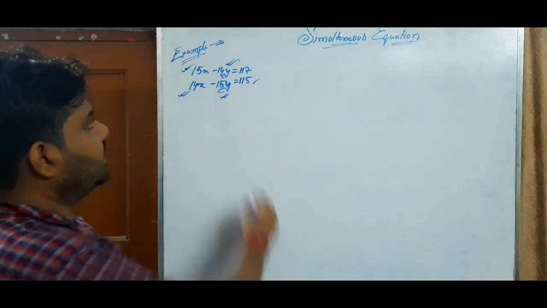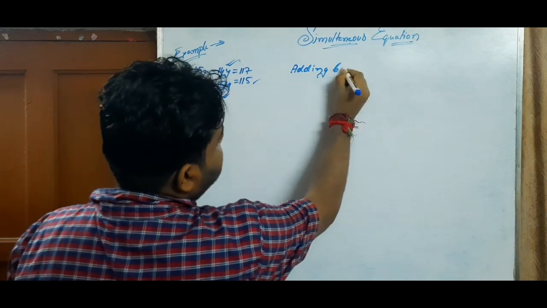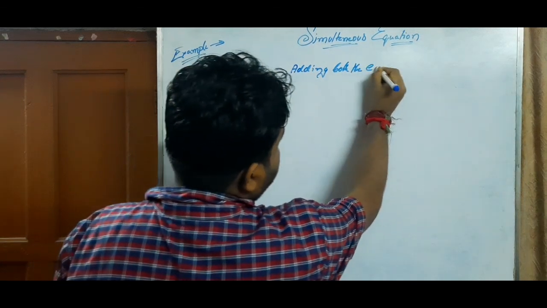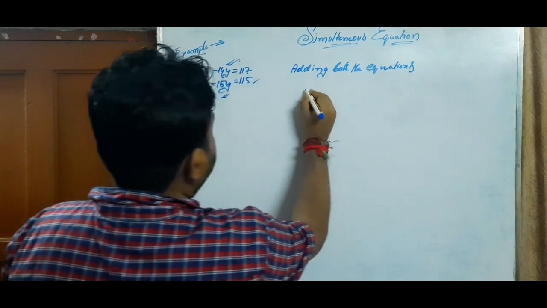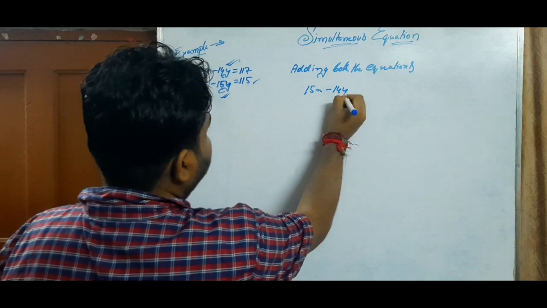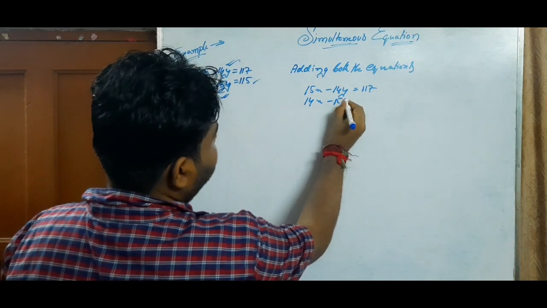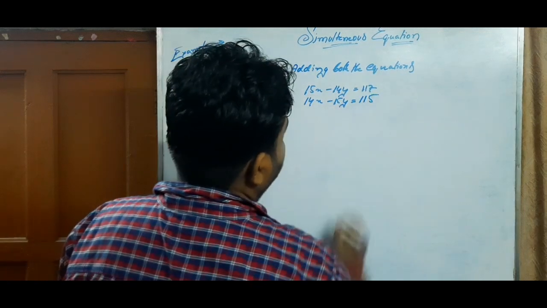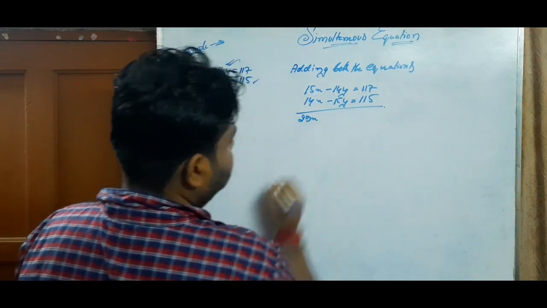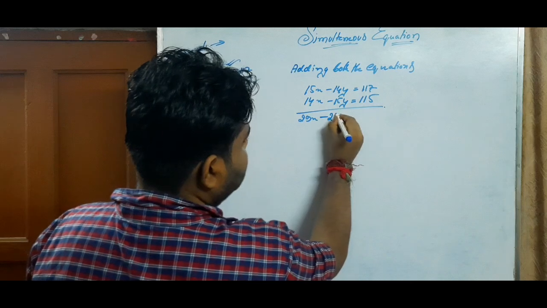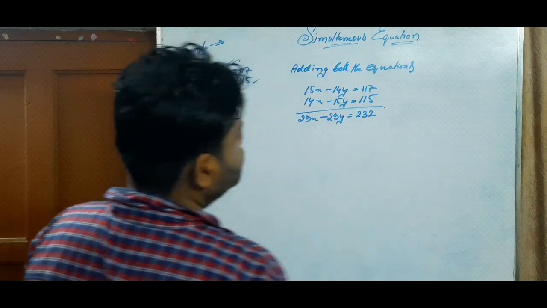Now just see, adding both the equations. 15x minus 14y equals to 117. 14x minus 15y equals to 115. Okay. Now while adding, that is 29x minus 29y equals to 232.